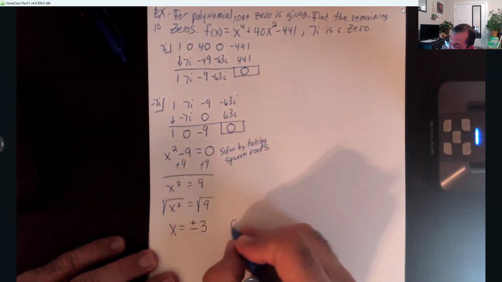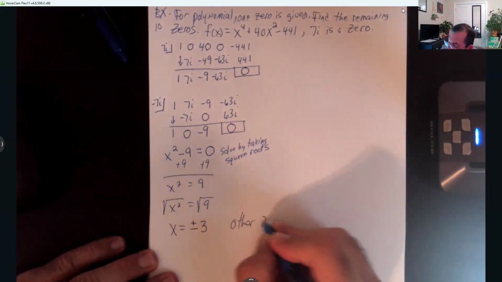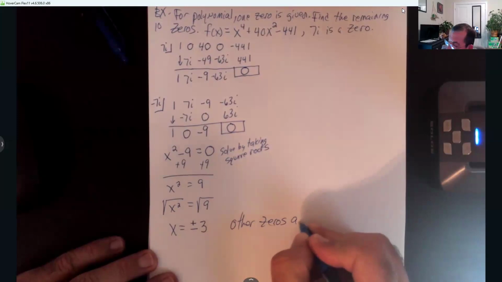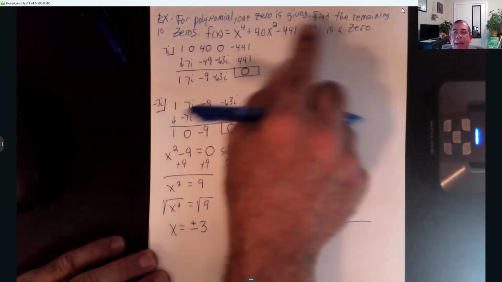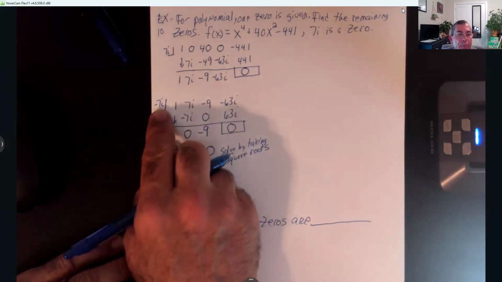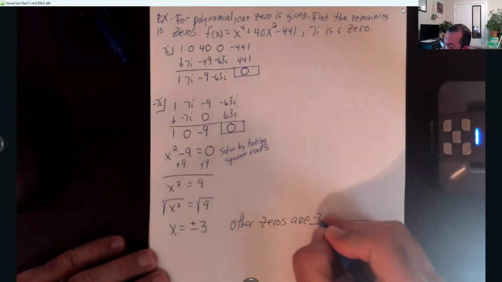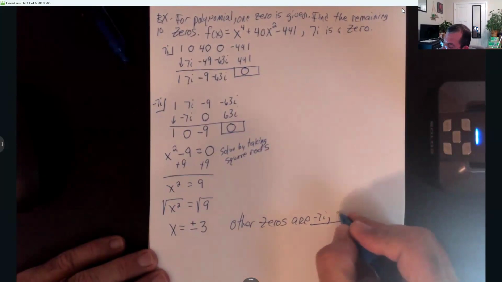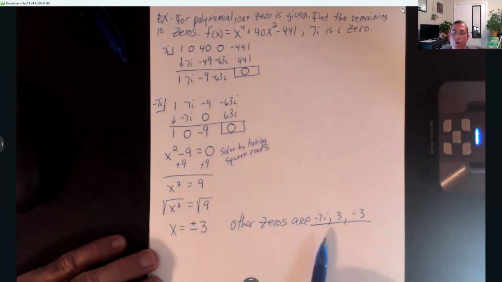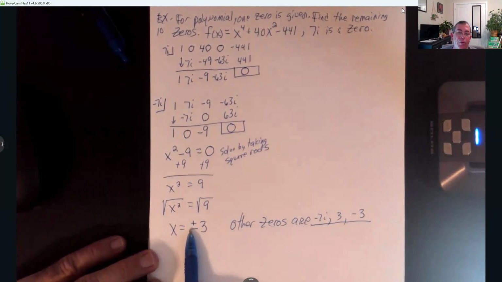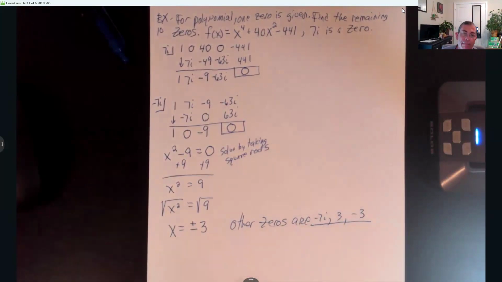So they're going to ask you for the other zeros are blank. Well, we don't put the 7i. They gave us that one, but we do need to put the negative 7i, and then the 3 and negative 3. Or you could do the negative 7i and then the plus or minus 3, okay?